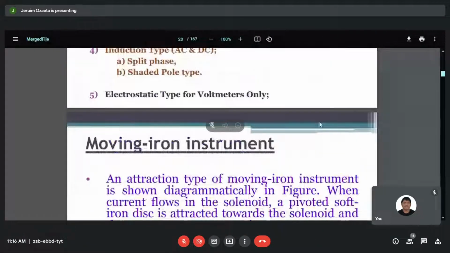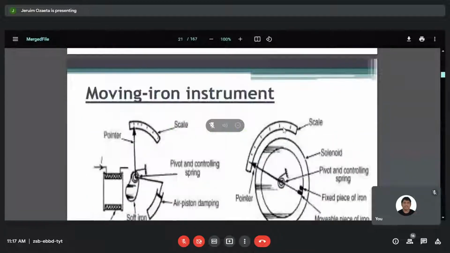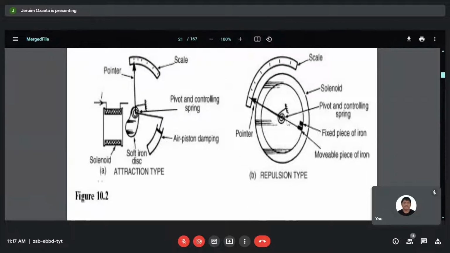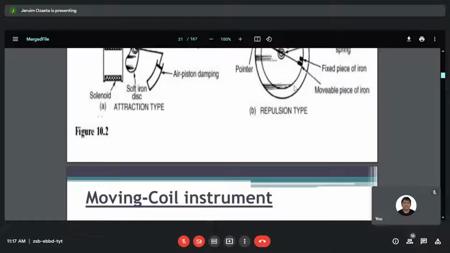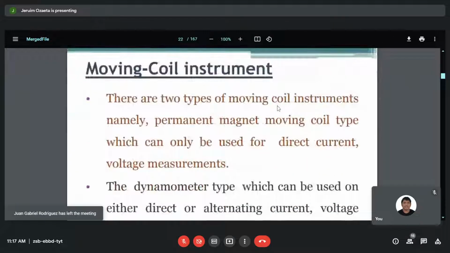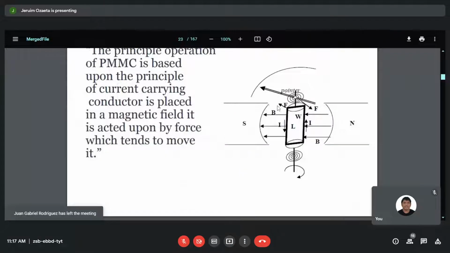Iron instruments that is due to the influence of magnet. So here it is. There is the spring, there is the influence of the solenoid, so that the pointer can deflect according to the intensity of the magnetic field in the solenoid. Now, here is the principle.